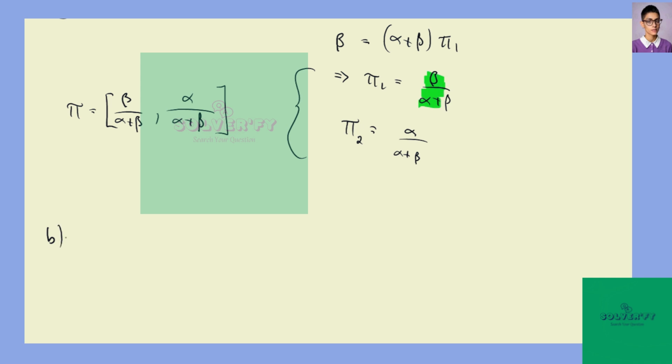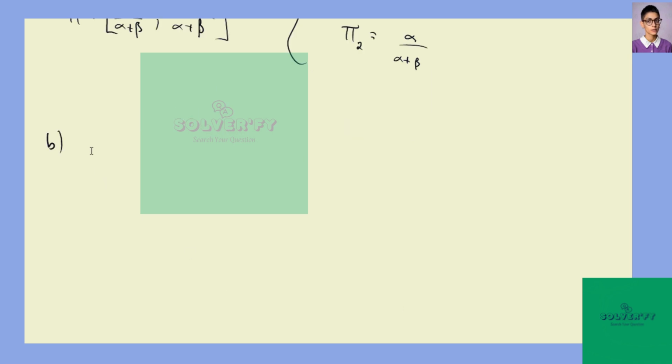And now for part B, we're asked what happens if alpha and/or beta equals 0 or 1. So if alpha and beta are both equal to 1, then we have a transition matrix that looks like this.